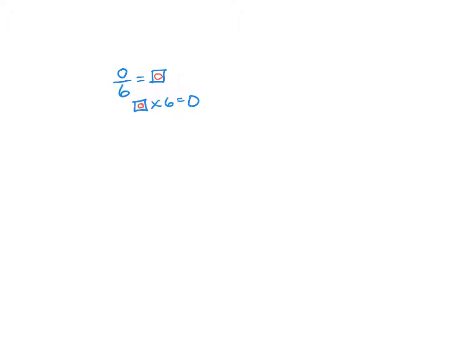How about if you have 6 divided by 0? Well, let's go through and do the same thing. 6 divided by 0 is equal to my box, which means that my box times 0 would have to equal 6. What number times 0 is equal to 6? Well, that's not possible.